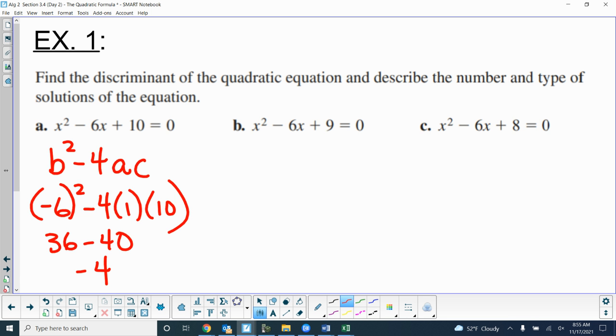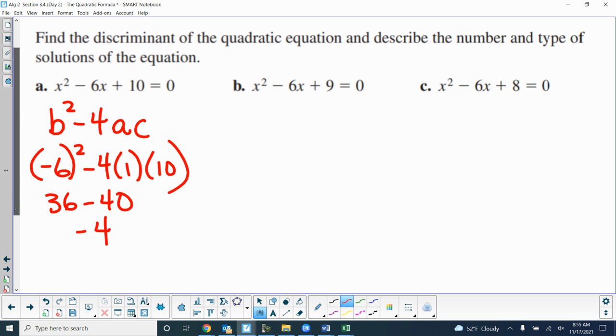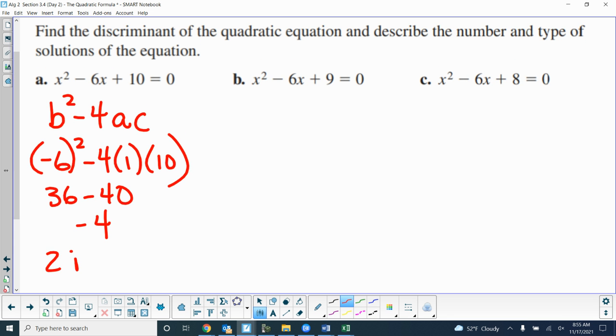We get negative 4. So what would we say? Two real, one real, or two imaginary? Two imaginary. That makes sense? That's all you got to do for those. You don't have to actually find the solution.